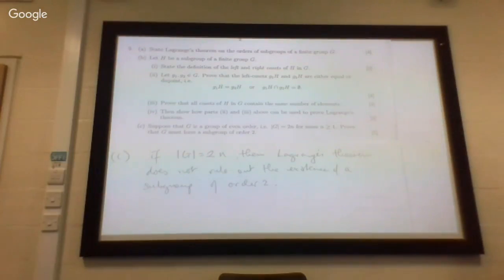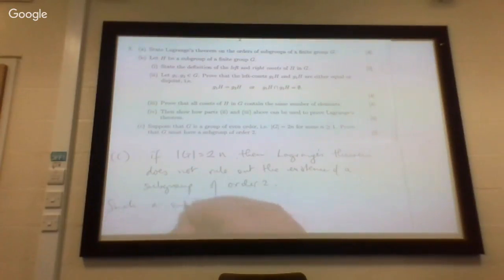Now the fact that it has a subgroup of order 2 would come as a consequence of the first Sylow theorem. If p was a prime dividing the order of the group, then the group had elements of order p. Yeah, there's the first Sylow theorem.